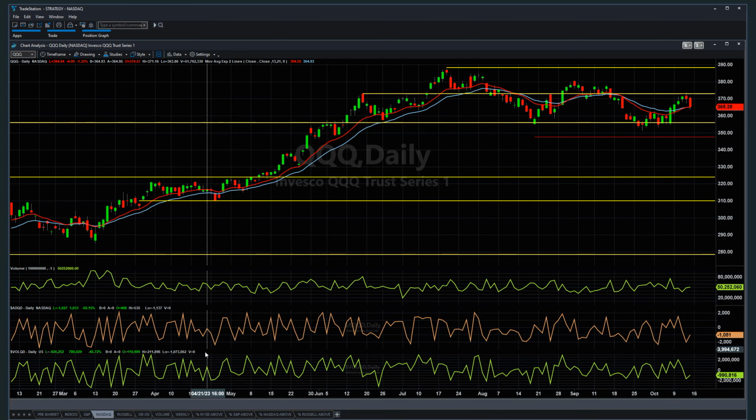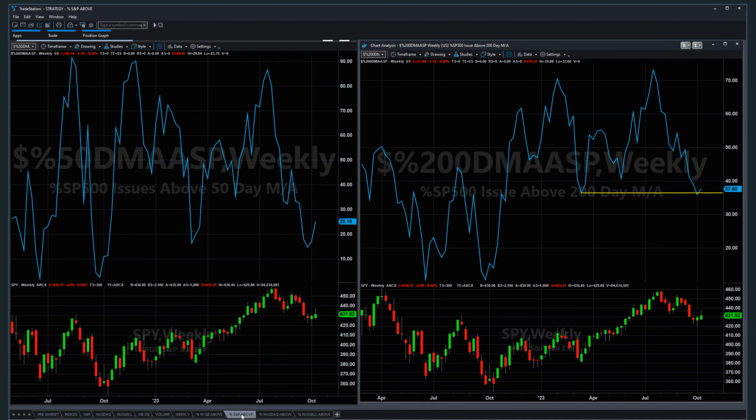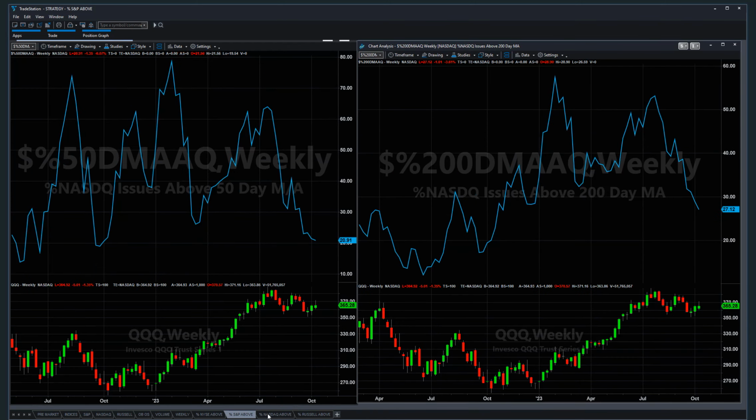than the rest of the stocks, because if we look at what's happening in terms of the percentage of stocks above their 50 and 200-day moving averages, you can see in the S&P 500 only 25% of stocks are above their 50-day moving average, and only 37% above their 200-day moving average. If we look at the NASDAQ, 21% of stocks are above their 50-day moving average, and 27% are above their 200-day moving average.